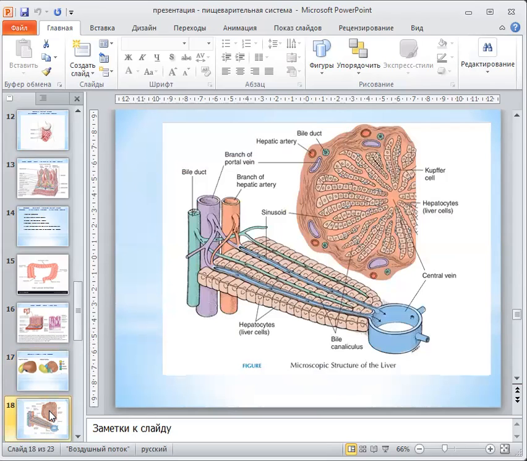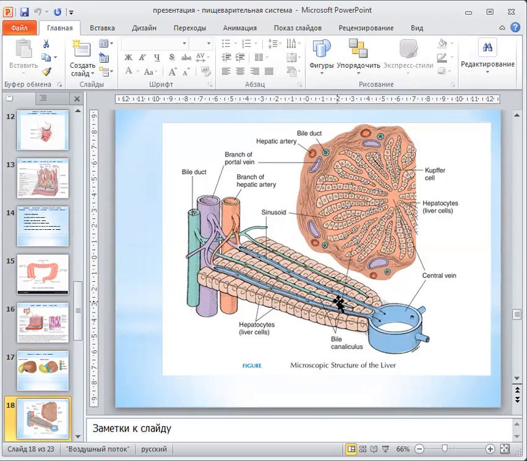In this slide, you can see the inner structure of the liver, features of the lobule structure. Remember, the hexagon consists of girders.